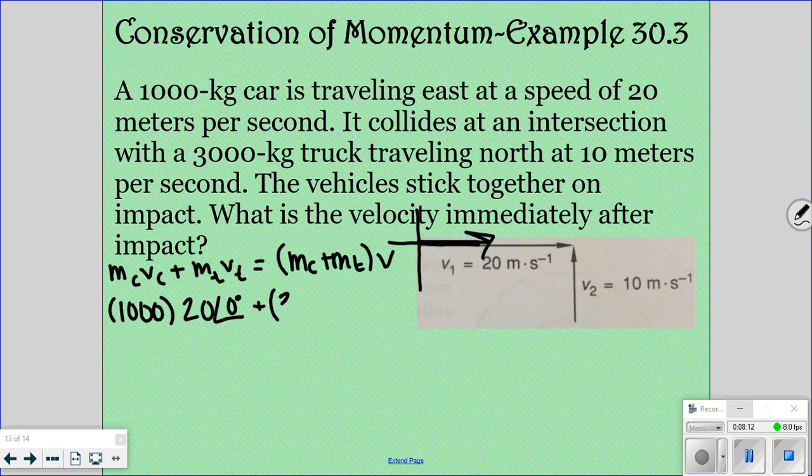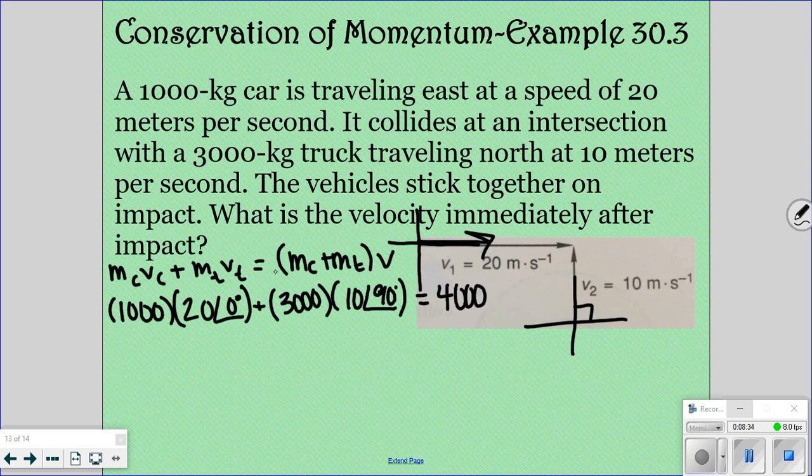The mass of the truck is 3,000, and the velocity of the truck is going at 90 degrees, so it's going to be 10 at 90 degrees. And then at the end, the mass is going to be a total of 4,000 because the mass of the car plus the truck adds up to 4,000, and we don't know the velocity at the end.